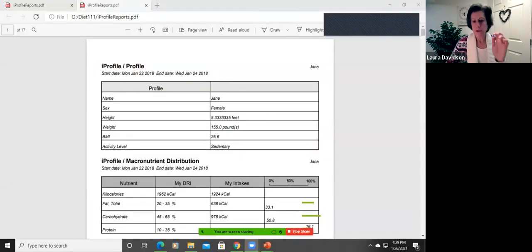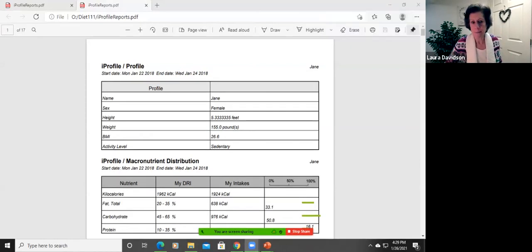So when you're finished your iProfile project for Unit 1, if you follow the directions, you're actually going to see this nice, neat file with all of these reports in it. And you'll use different ones for different assignments, but let's look at this.